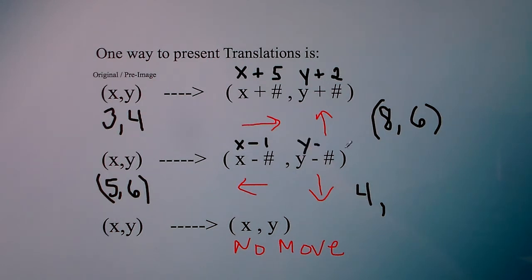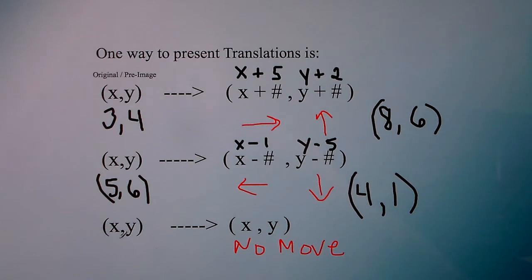So y minus, let's say 5. So we take that 6, 6 minus 5 is 1. So that coordinate (5, 6) goes through the translation of x minus 1, y minus 5. So that means we're going to move it 1 to the left and 5 down. And (5, 6) going through that translation results in (4, 1).